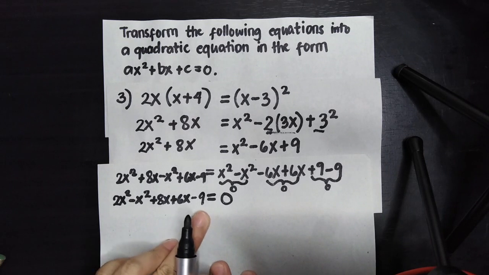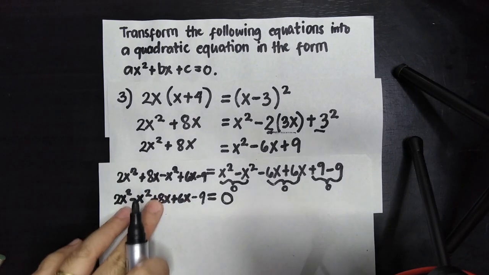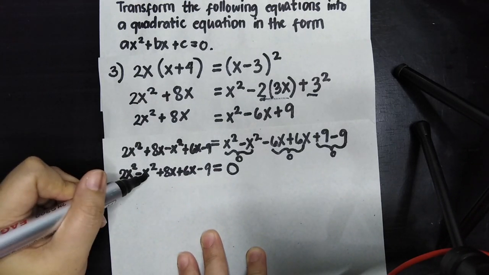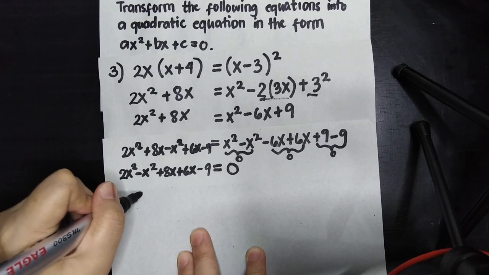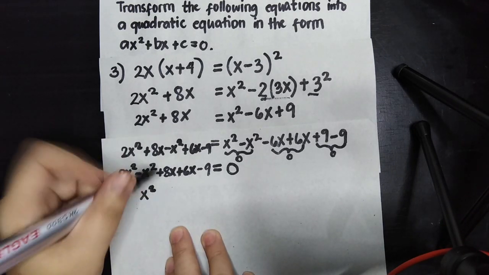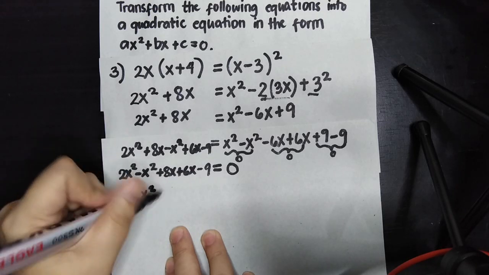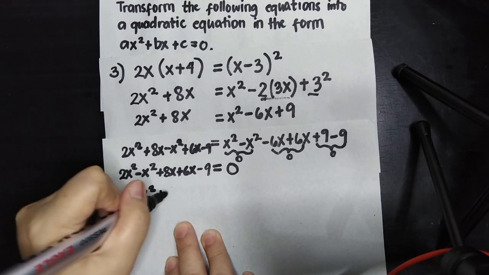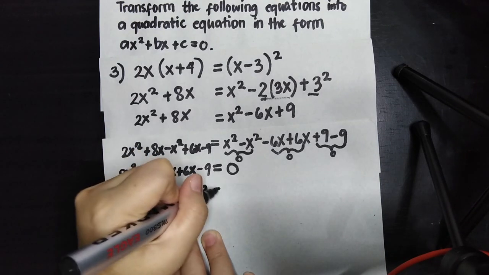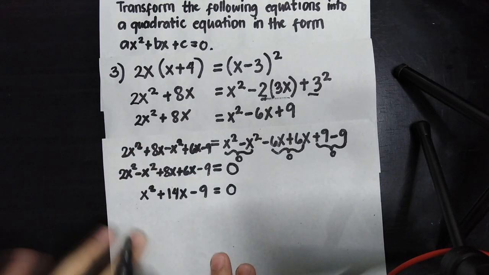The 9 is our constant term because there is no other constant term, no other like term. Combining like terms, 2x squared minus x squared becomes x squared. Okay? And then 8x plus 6x will be positive 14x. And then just copy minus 9 equals 0.